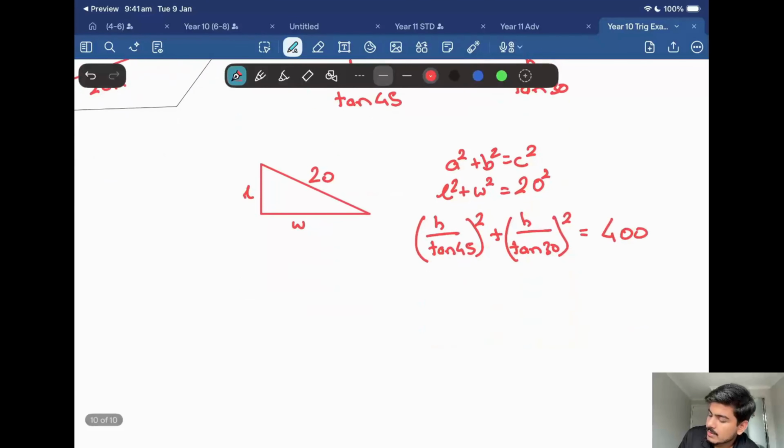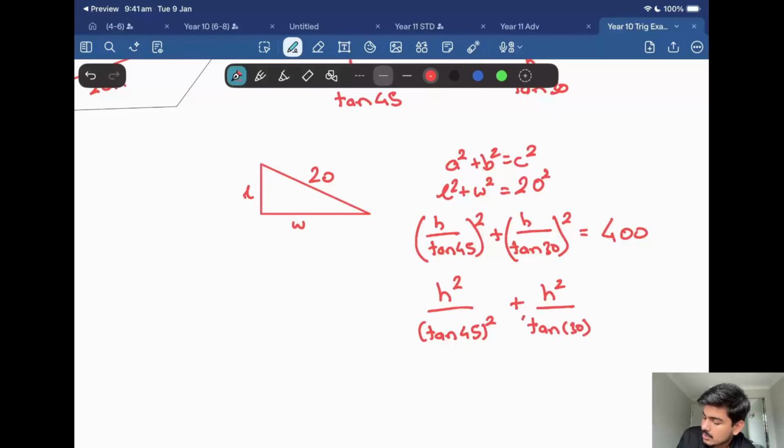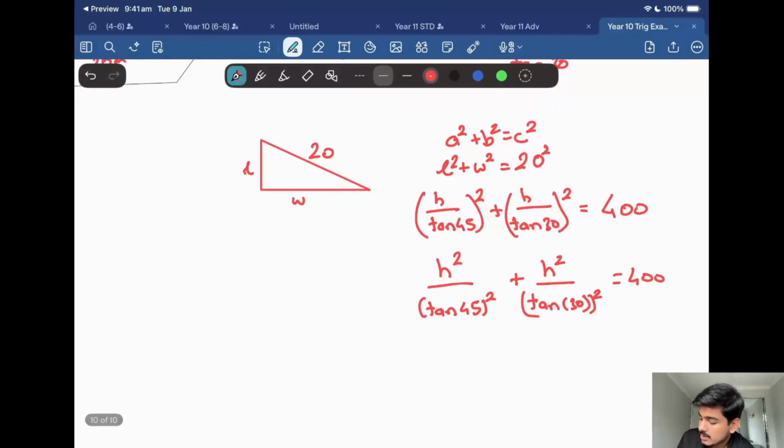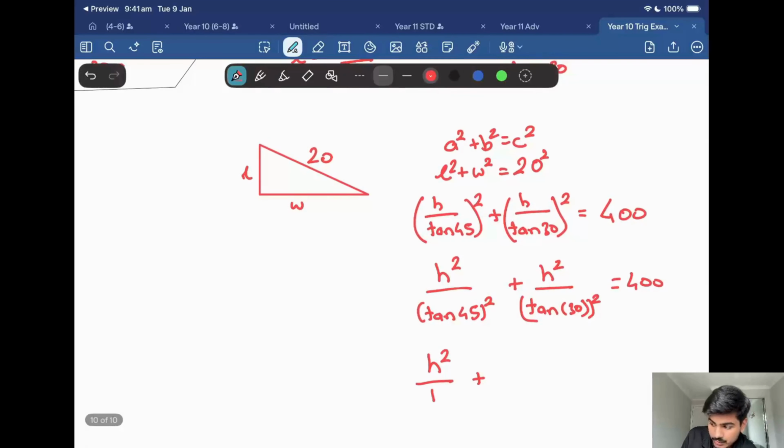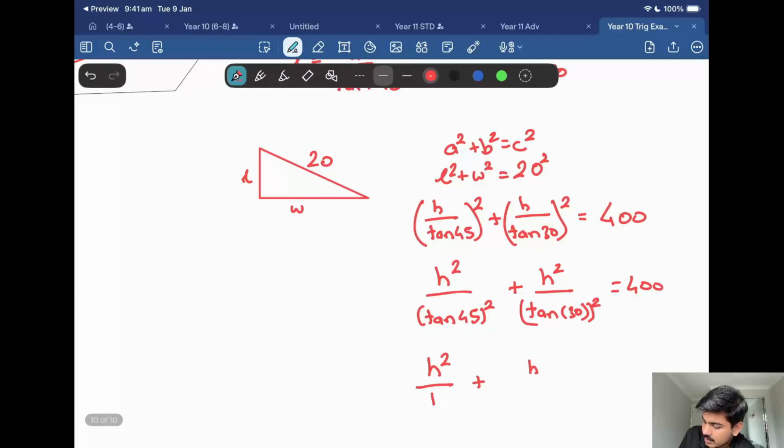So that's h squared over tan 45 squared plus h squared over tan 30 squared is equal to 400. What's tan 45 squared? Tan 45 is just 1, so that's h squared over 1.